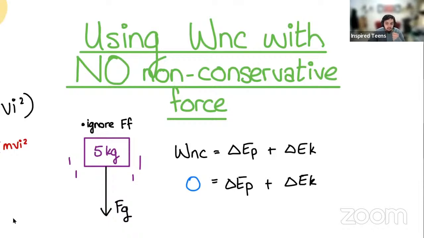You might think, because we don't have any non-conservative forces, I cannot use WNC, and because there's no friction, I should be using conservation of mechanical energy. Incorrect. You could use WNC, but you just have to equate it to 0, because you have no non-conservative forces. So you could use this formula, equate it to 0, and then calculate what you want to calculate, which is cool.